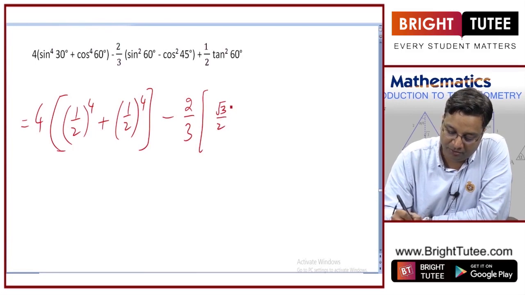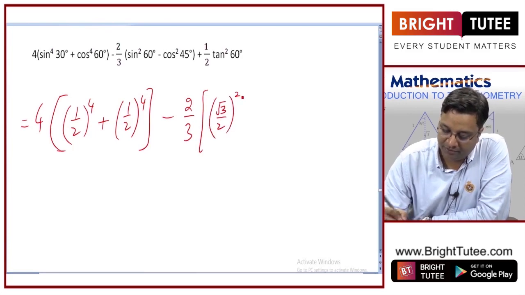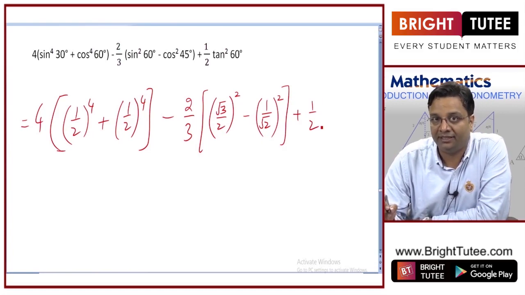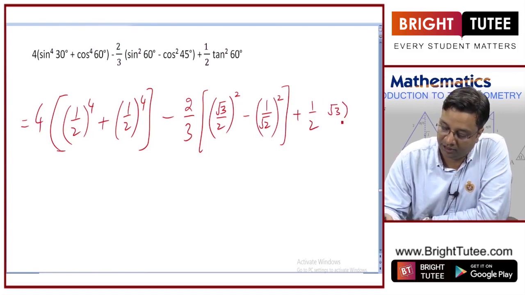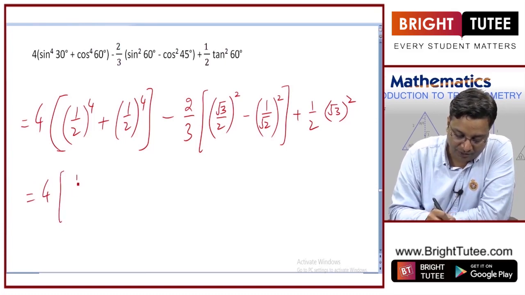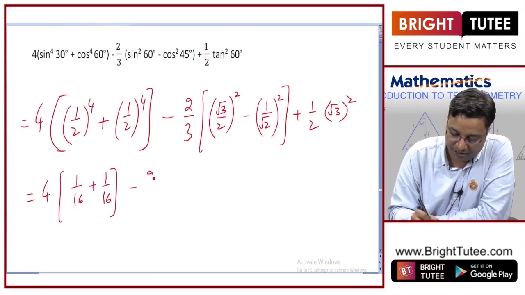It is root 3 by 2 square. What is cos 45? 1 by root 2 square plus 1 by 2. What is tan 60? Tan 60 is root 3. So root 3 square. So this gives you 1 by 16 plus 1 by 16 minus 2 by 3.